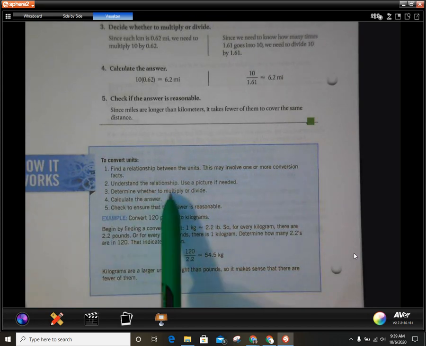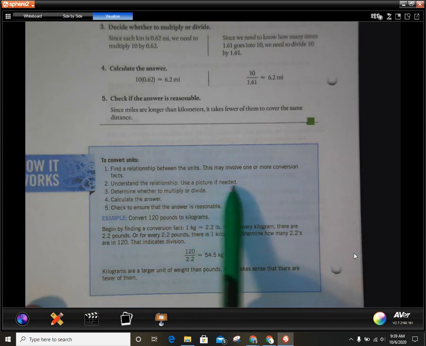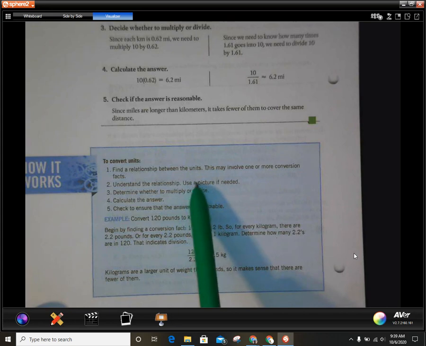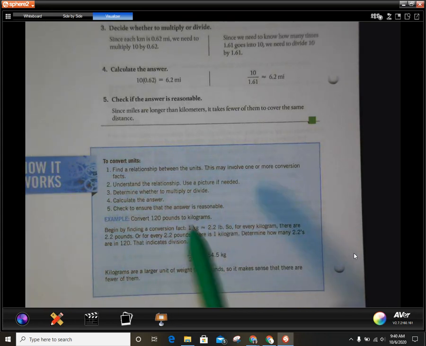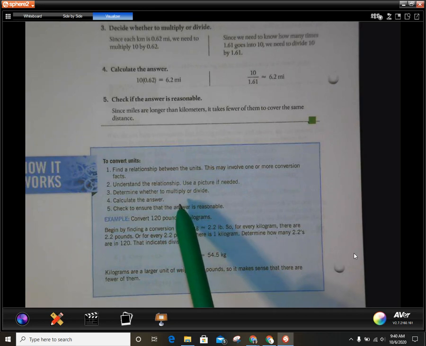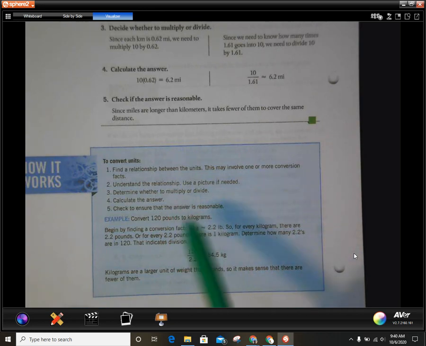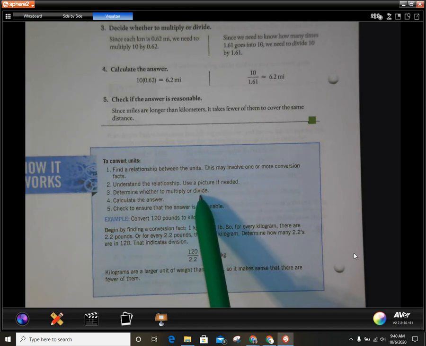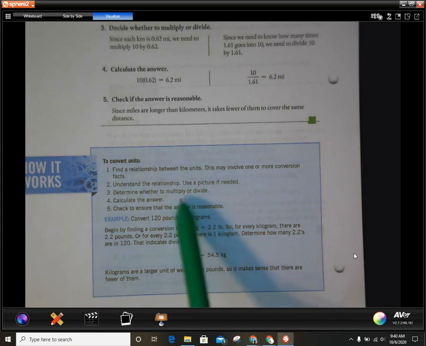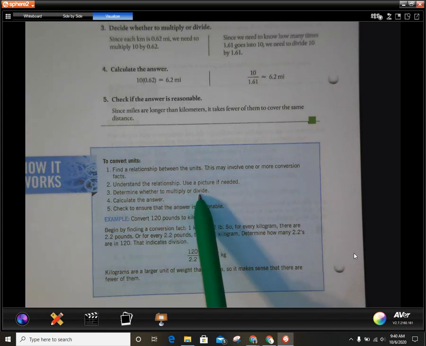And of course, they tell you to draw a picture. Sometimes I think the picture might, in this particular case, actually confuse you. Determine the multiply or divide. We're going to always multiply because we're going to be flipping the fraction before we do the mathematical operation.